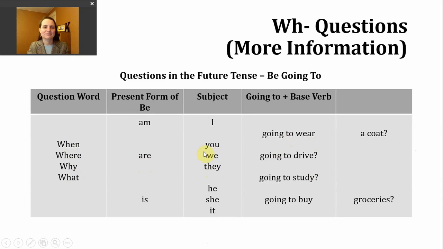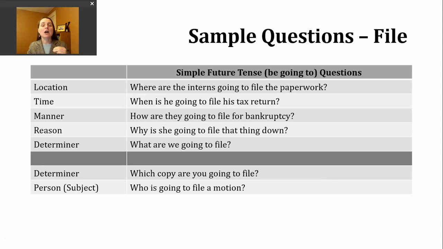We could ask, why is he going to buy groceries? We could ask, what is she going to study? These are all ways to make more information questions. Let's focus now on making some additional questions, but this time we'll use our verb of the day file.